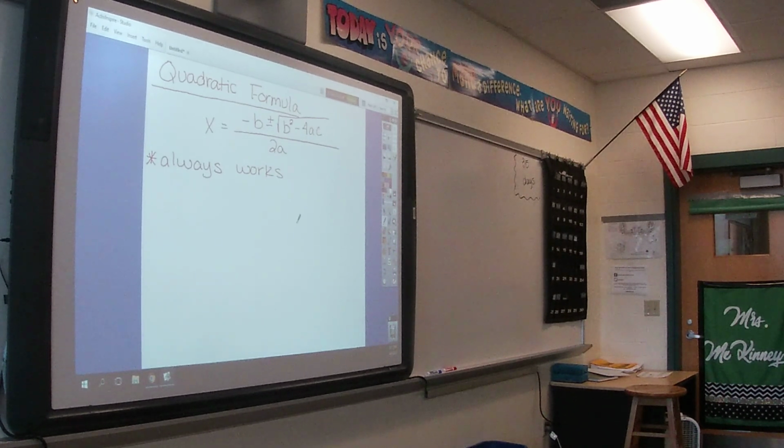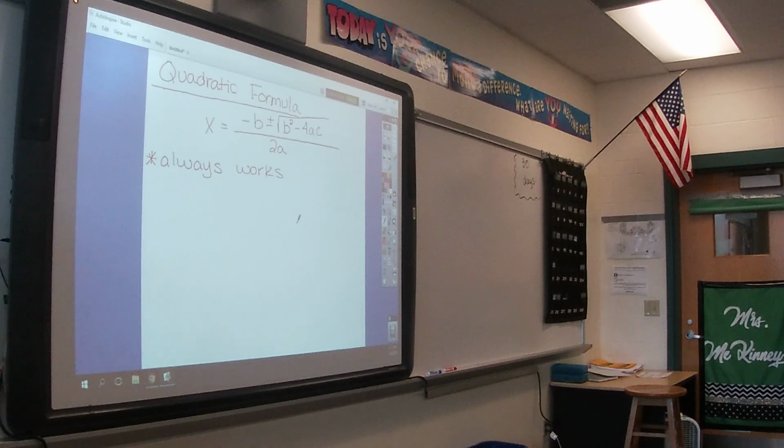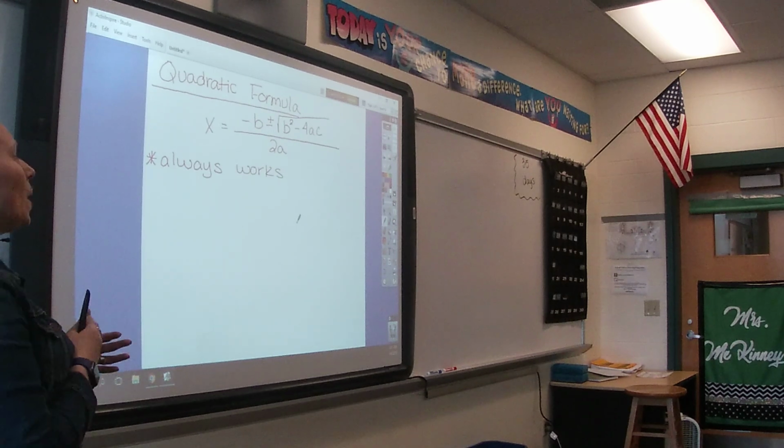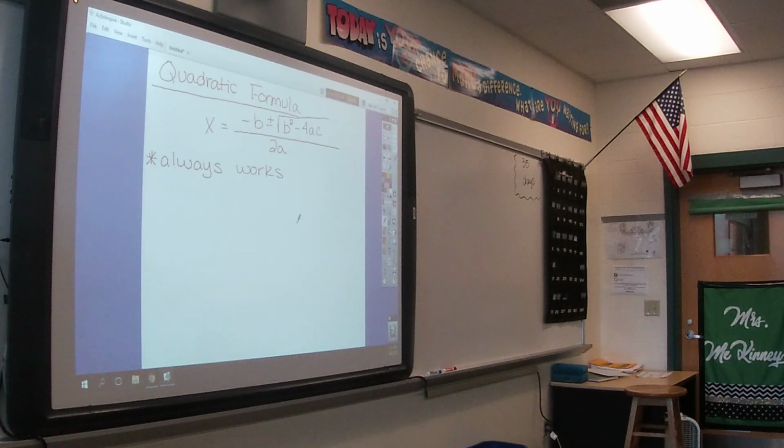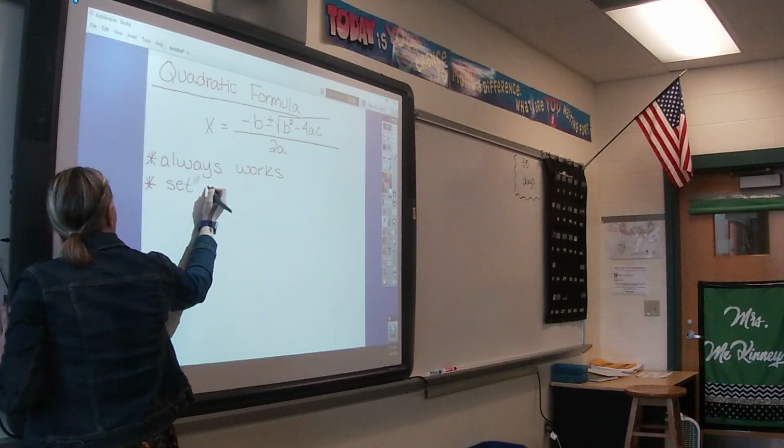To use the quadratic formula, it is exactly that. It's a formula. Formulas identify numbers that we can plug in, we plug them in, and then we plug and chug. So that's what we're doing here. There's just a lot more plugging and chugging happening. To identify our correct letters for a, b, and c, we are going to have to make sure that we are set equal to 0.